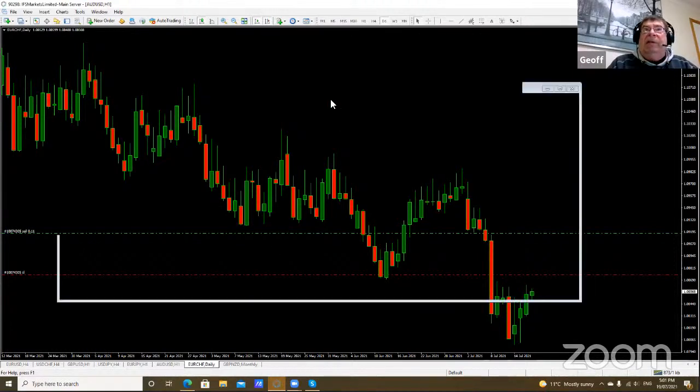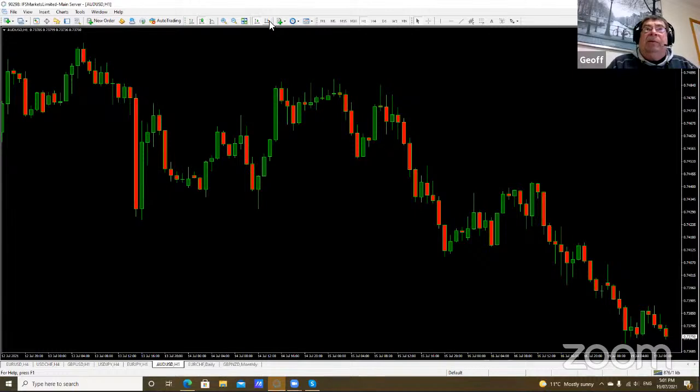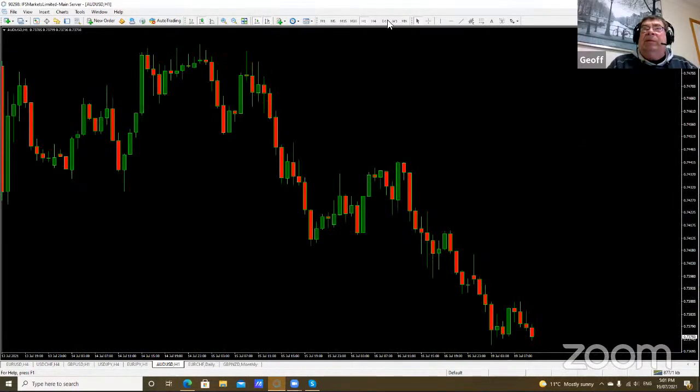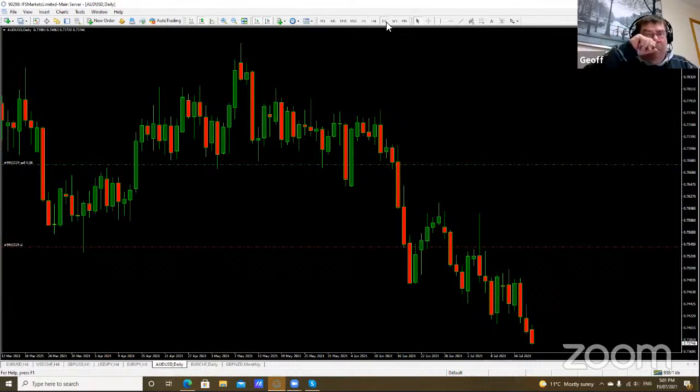Euro Swissy is intact and going nowhere at the moment. The market hopefully is Aussie. Aussie's looking particularly strong for us and continues to falter against the US dollar. I was thinking very seriously about changing the stop loss on this, so trailing it a little bit further, and I'm still of a mind to do that.